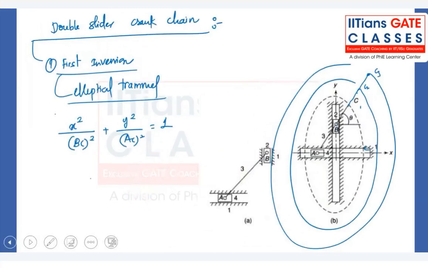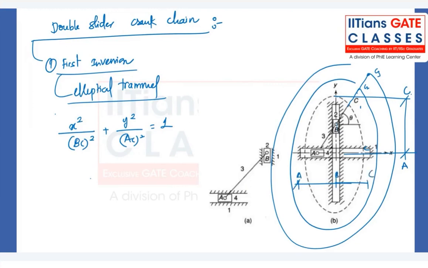Yes. So let me just draw here. This is point A here. This will be C, and B will be somewhere in between. This is a situation where we have A at the extreme point, B in between, and C here. So BC will be here, in this case the minor axis.